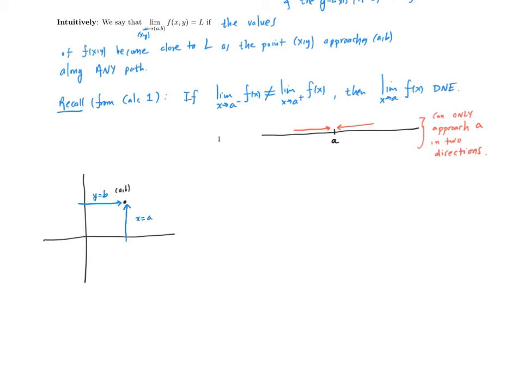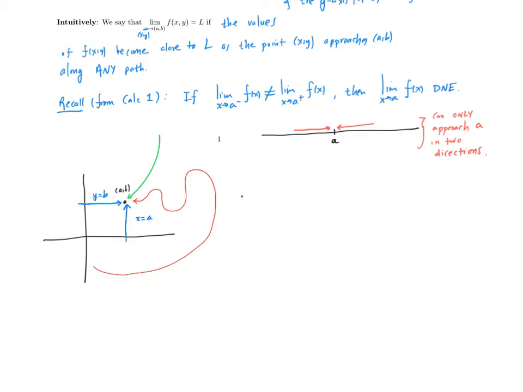But of course, there's a whole bunch of possibilities. Maybe you approach it along something that's more quadratic looking, or potentially even something that's kind of spiraling around to get in there. There are infinitely many ways that we can approach (a, b).